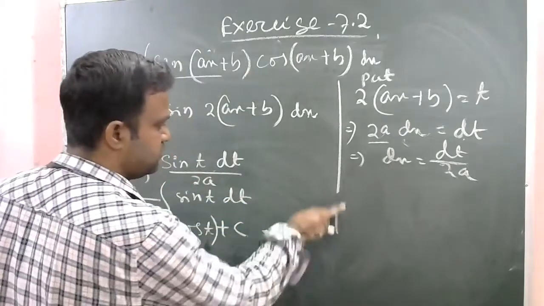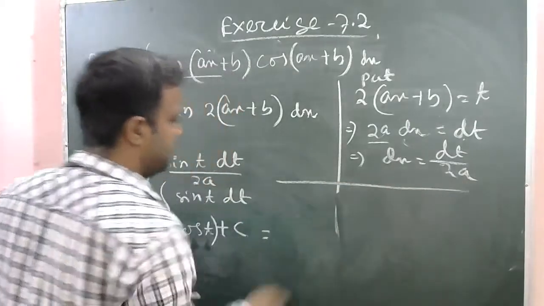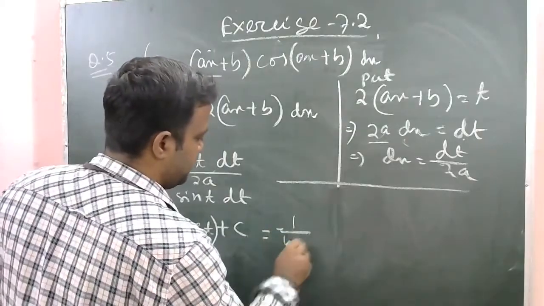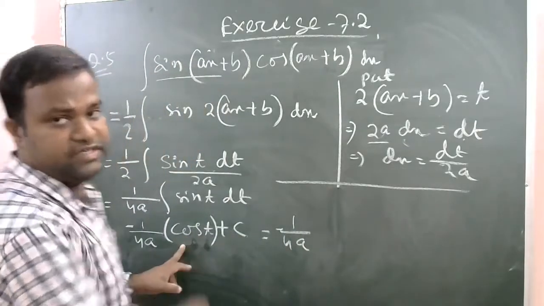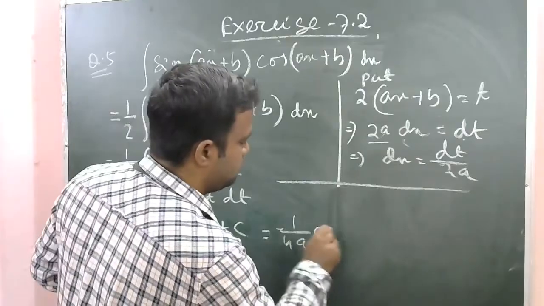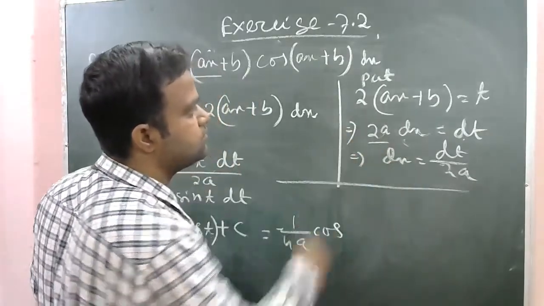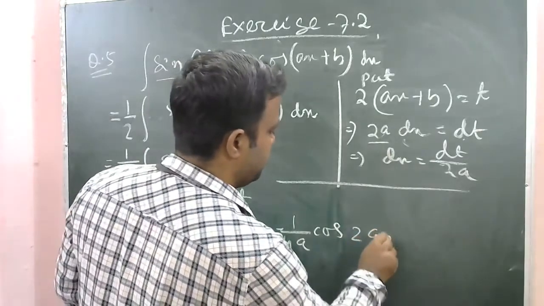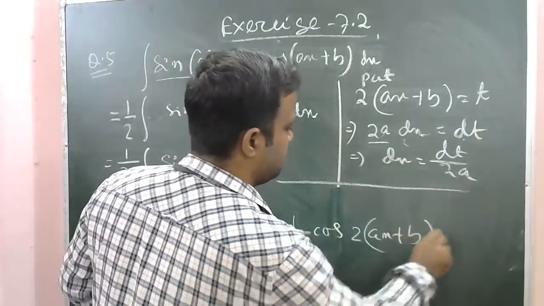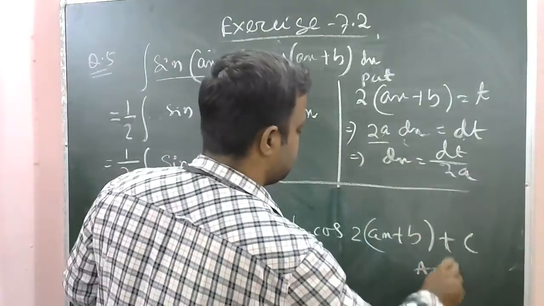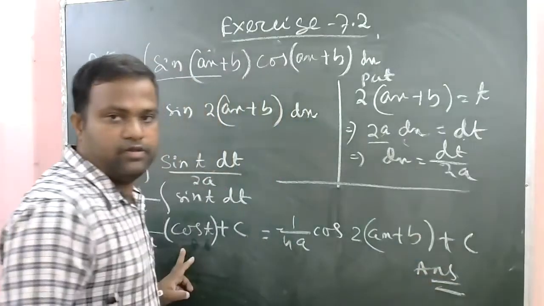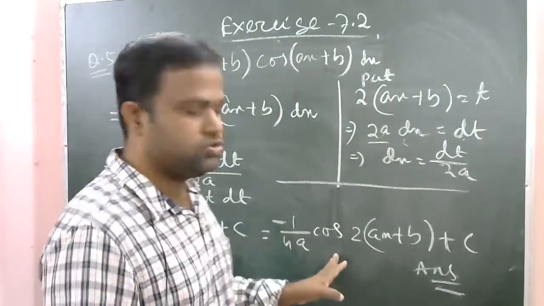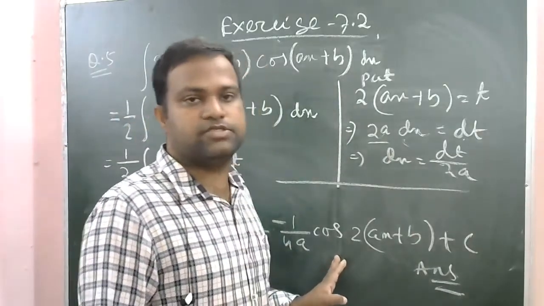So t is 2(ax plus b). So minus 1/4a cos of 2(ax plus b) plus c. This is the answer. Okay.